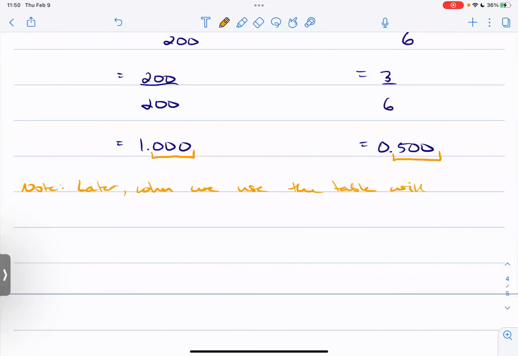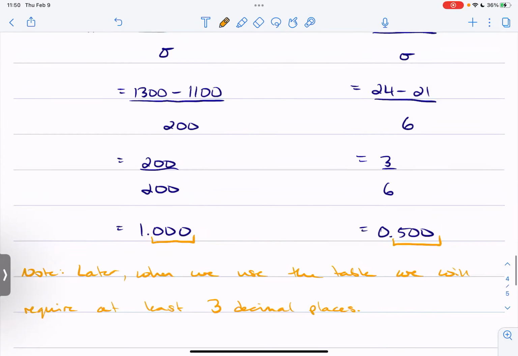So it's just good to get in that habit. Unnecessary here, but it's just for show.